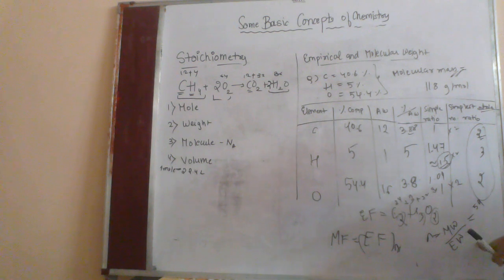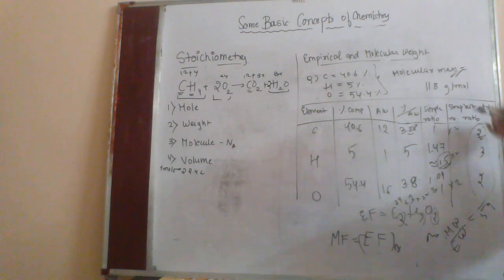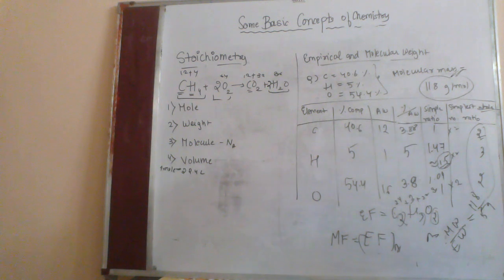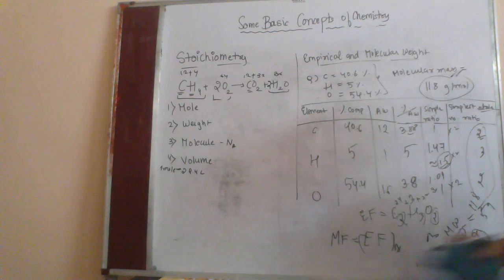Okay, it should be molecular weight by empirical weight. As we did earlier, empirical weight I got as 59, and molecular weight is given in the question, that is 118. Right, so 118 by 59, what is the answer? It's a perfect 2. So this n factor is 2.